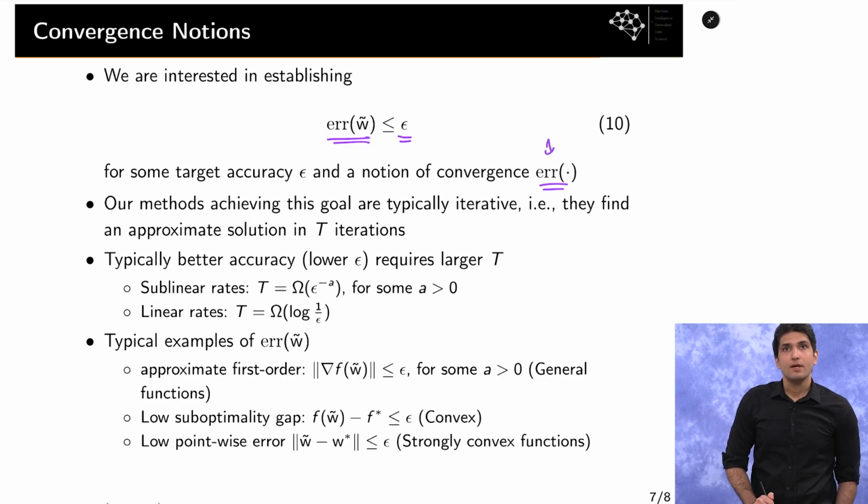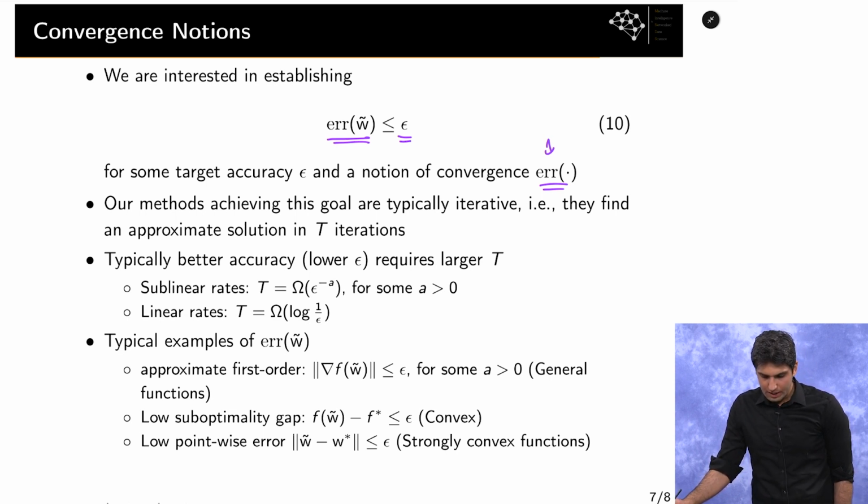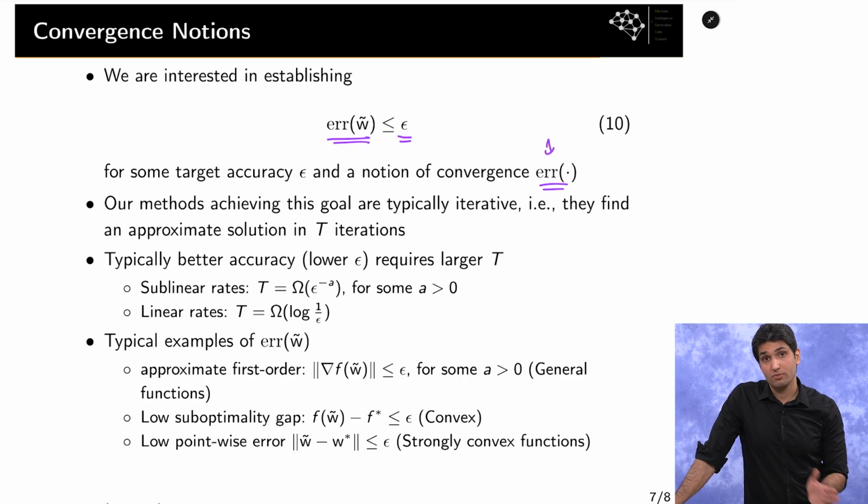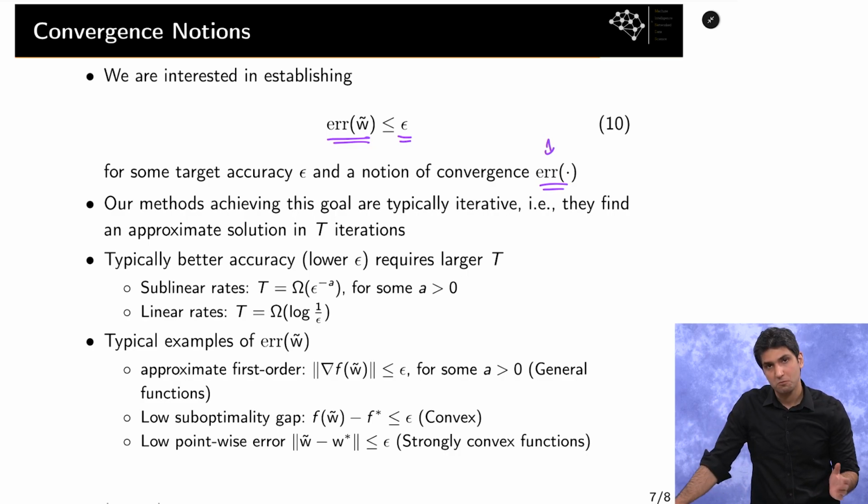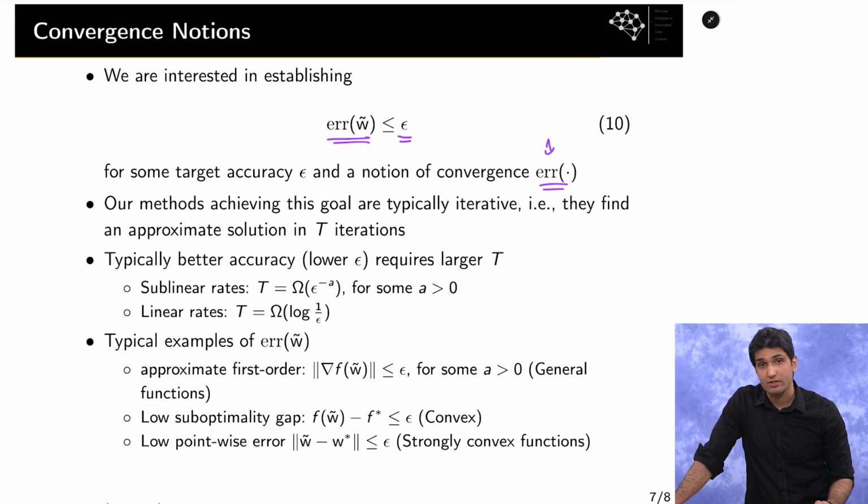Okay? Now, the methods achieving these goals are typically iterative. So what does that mean? It means that they're going to make gradual progress to finding this W tilde. So, for instance, one of their parameters is the total number of iterations that you have to run an algorithm, right? So you start somewhere, you run the algorithm once, find hopefully a better solution.